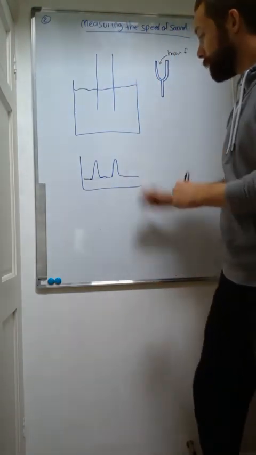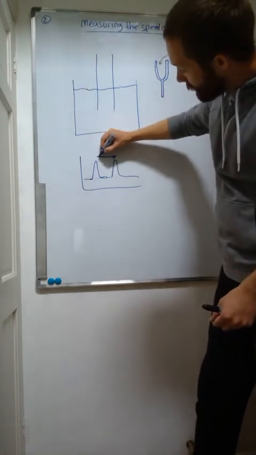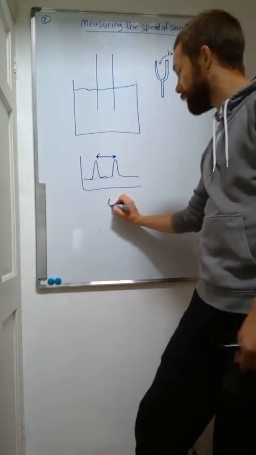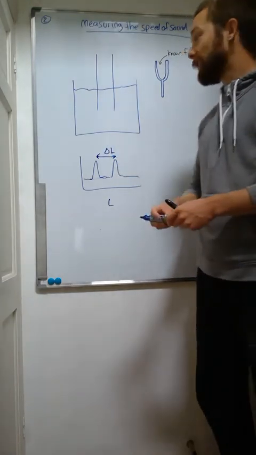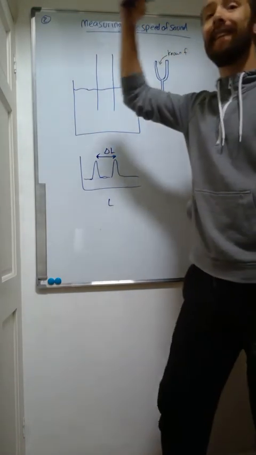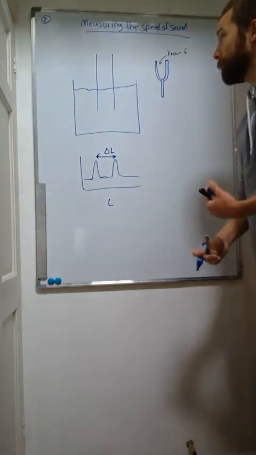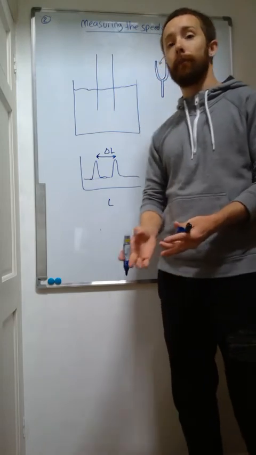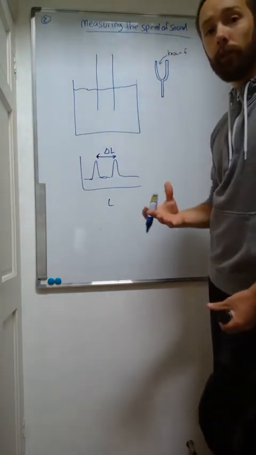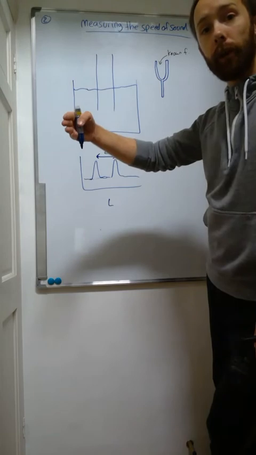Now we're then going to look at what this change in length is. So if this is L, I'm going to call this the change in length, from when you see one peak to when you see the next peak. The reason for that is that it doesn't actually matter whether I had the fundamental the first time or not. I could have the fundamental, and then the third harmonic.